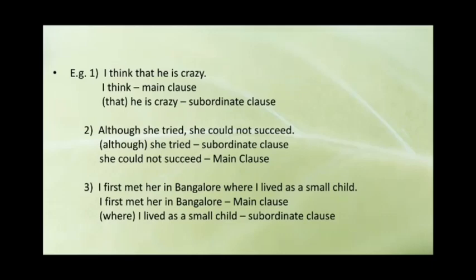It is incomplete. That is why it depends on the other part of the sentence, I think. So you can see that the subordinate clause is beginning with a subordinator, that is a conjunction. So children, what is the conjunction here? The subordinating conjunction here is that. Okay, let's see the second example.